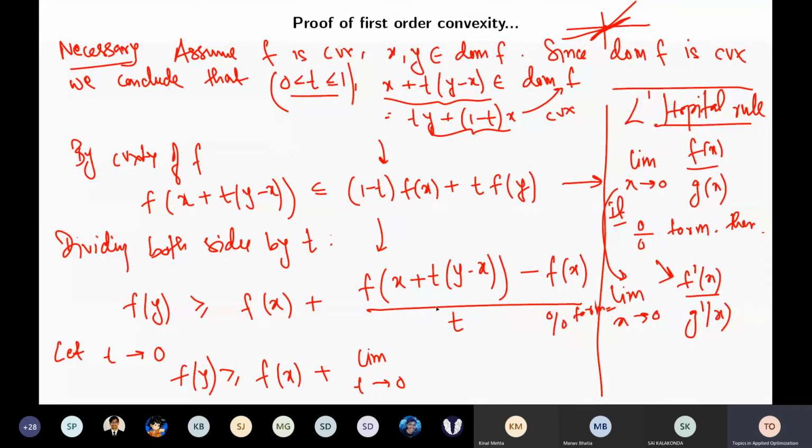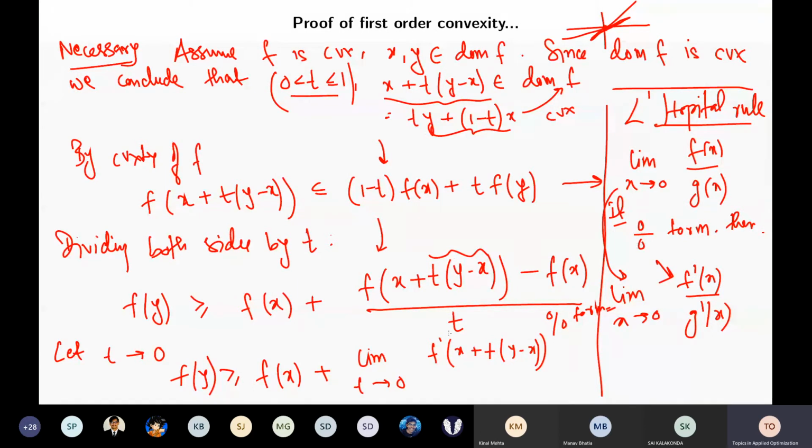Okay, so what I have to do now is take the derivative with respect to t. If I take the derivative of the numerator with respect to t, what do I get? I get f prime of x plus t(y minus x). And this is the chain rule, right? Chain rule means that I have to take the derivative of the inside term also, f of u of t.